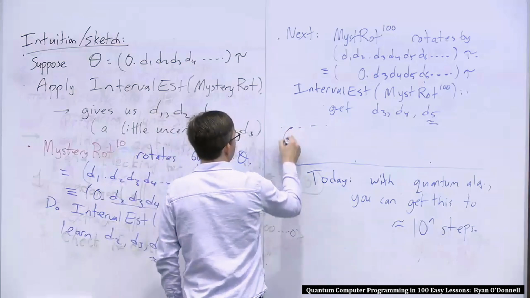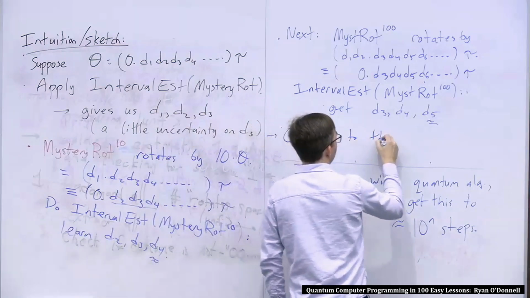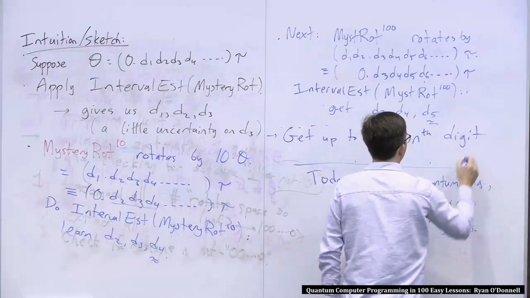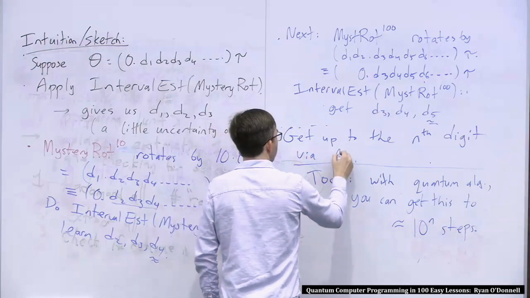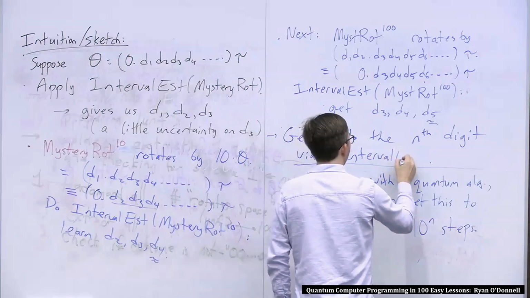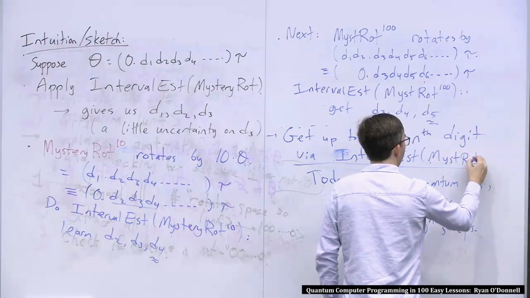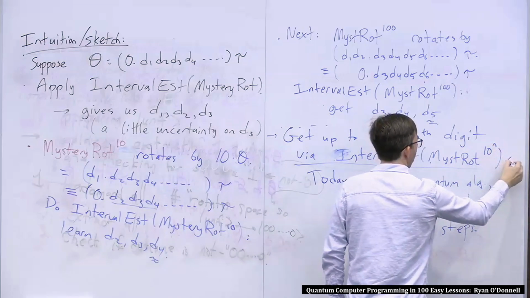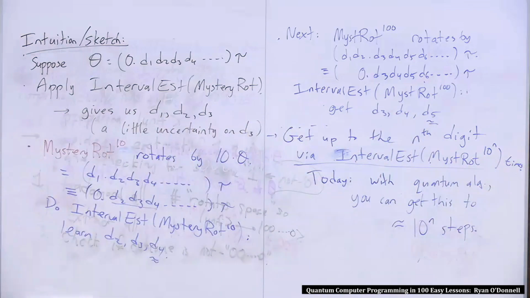We get up to the nth digit, and think of n as like 1,000, the nth digit, via interval estimate applied to the mystery rotation, done 10 to the power of n times. Okay, maybe like the n plus second digit or something, but something like this.